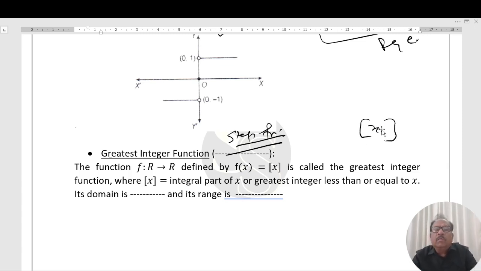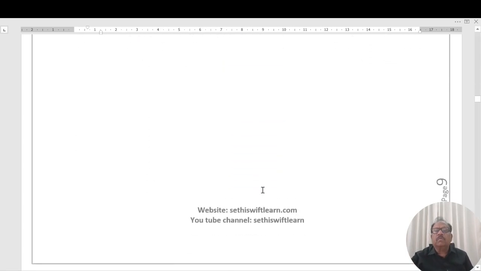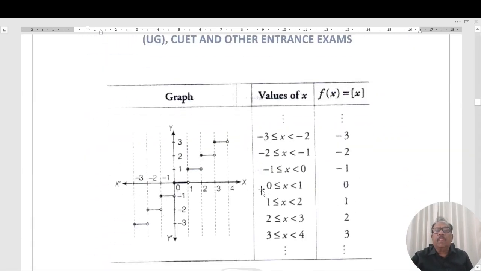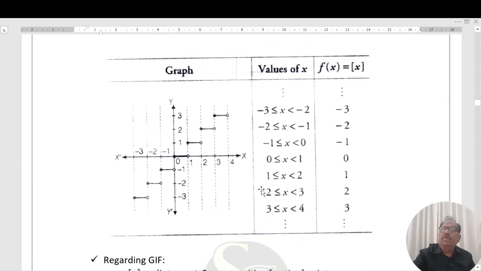It's called the greatest integer function, the integral part of x, the greatest integer less than or equal to x. Its domain is R. Range is I, integers, right? The graph I will discuss in detail in the next session.